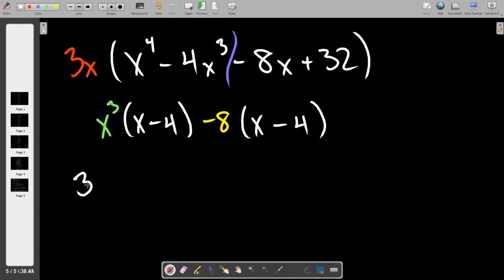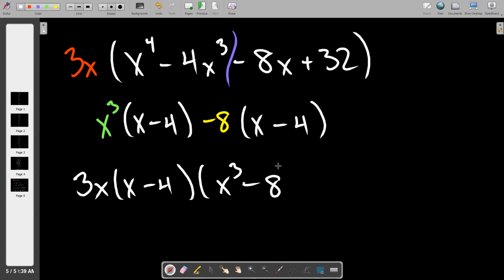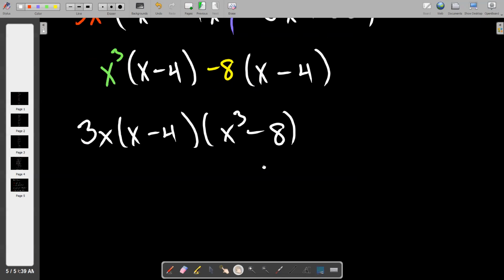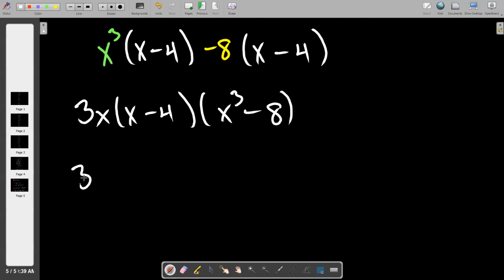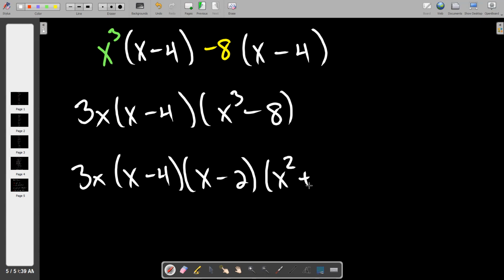And then we're left with collect your pieces, GCF, dead factor, and hey, look, it's another difference of cubes. Little AB guy. So our final answer is 3x, x minus 4, a minus b times a squared plus ab plus b squared.